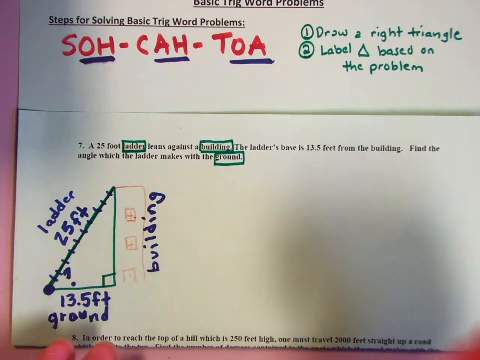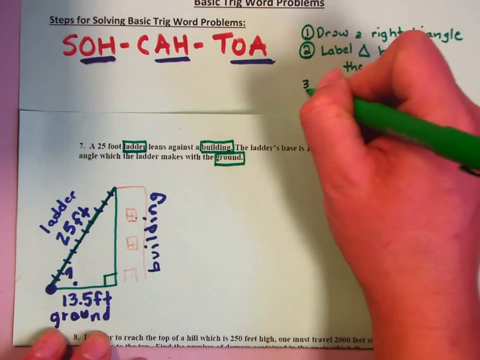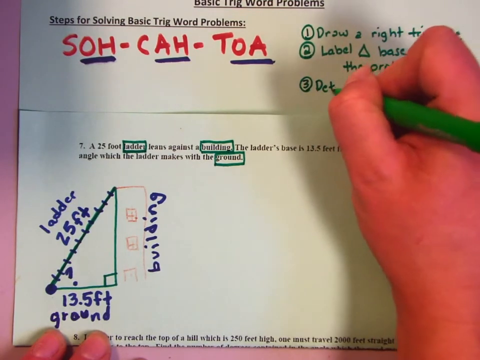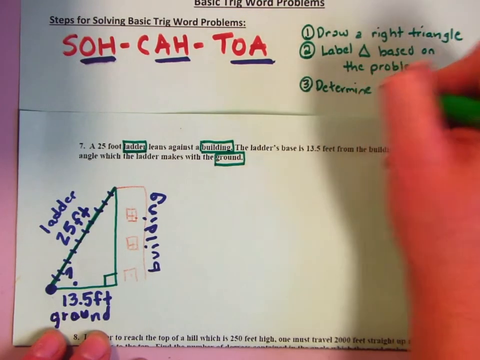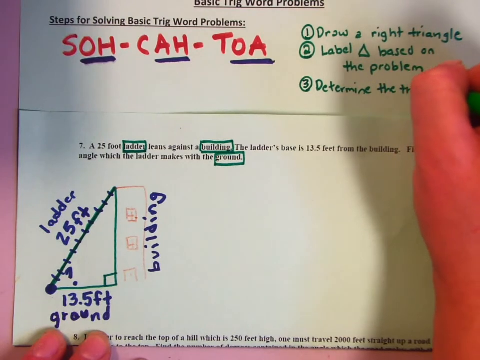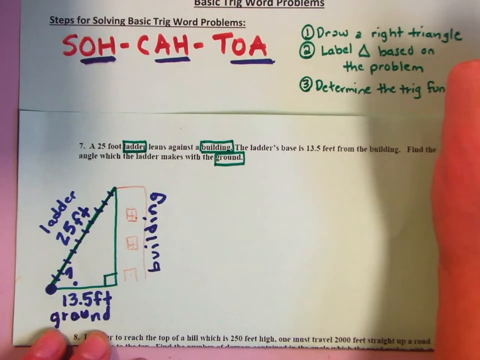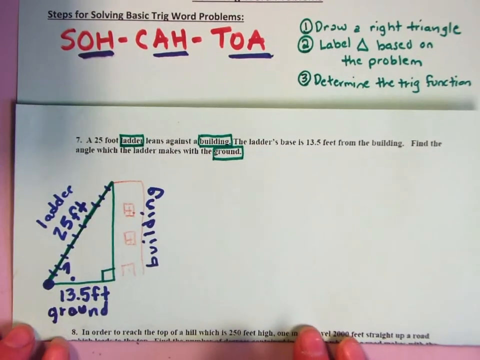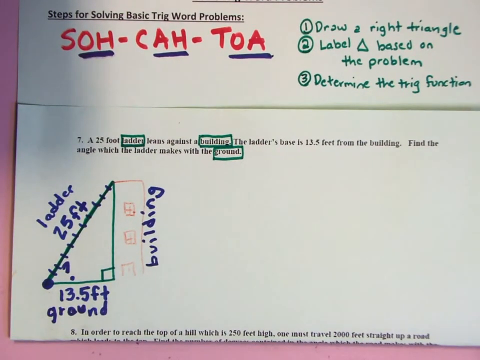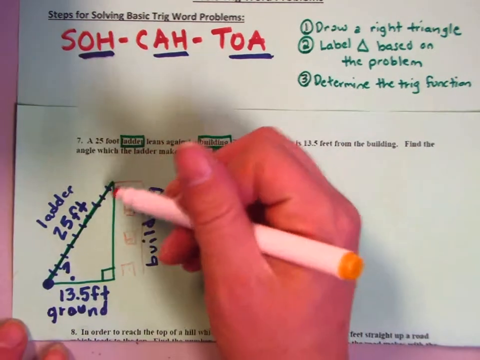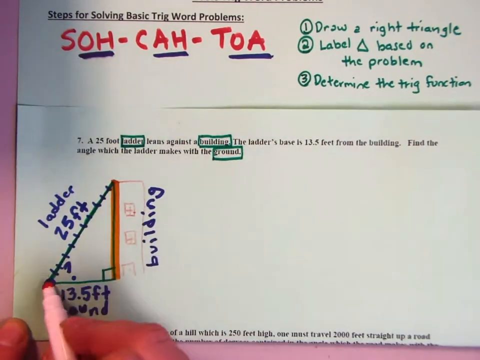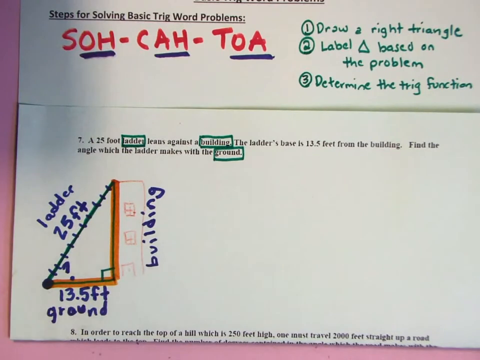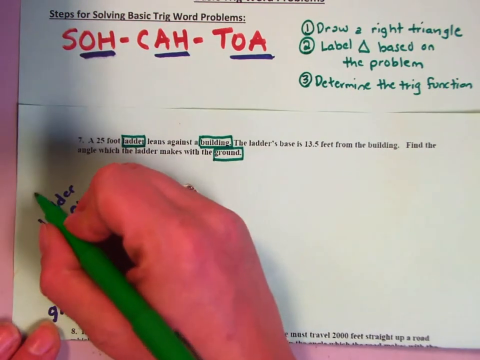Okay, next we're going to determine the trig function. So we need to identify our sides. So if I highlight the two sides of the right angle, I know that the hypotenuse is how much? 25 feet.